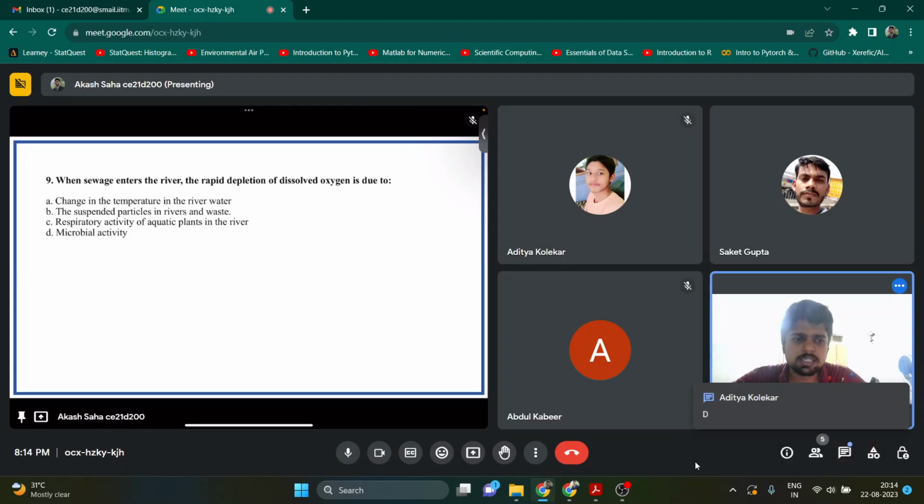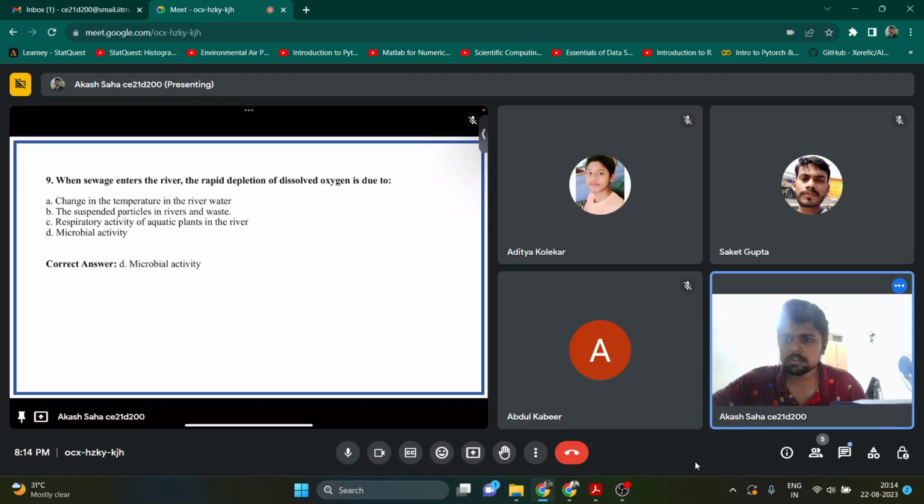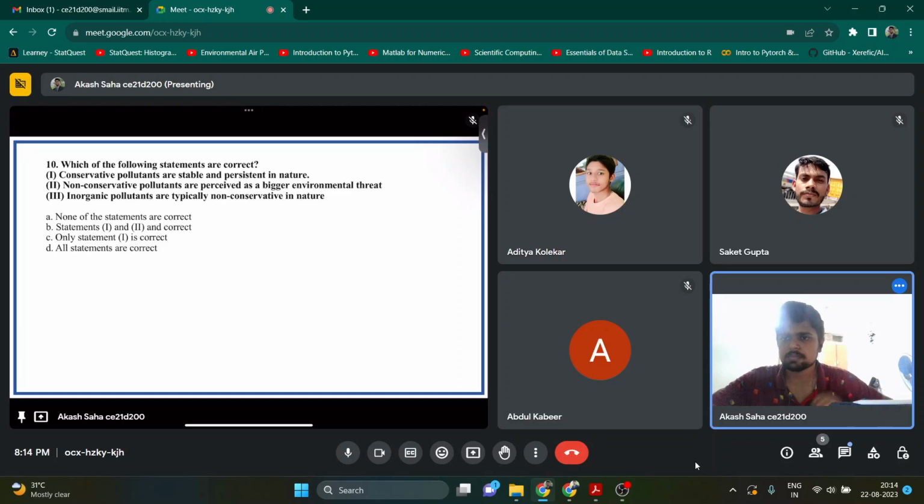Aditya is saying D. Yes, it is microbial activity. Due to the action of the microbes, because microbes need oxygen to decompose any organic matter. They need oxygen for decomposing all the suspended or soluble organic matter present in the system. So D is the correct answer.